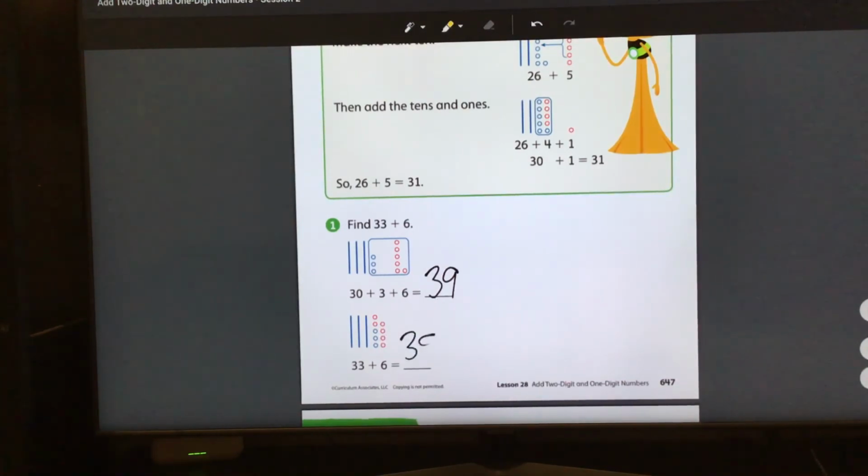It equals the same thing. All they did was combine the ones to make it more into a line. They did not have enough to make a 10, that's why there's still one blank there.